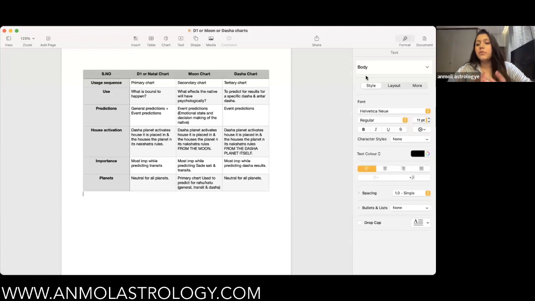Similarly, as I said, see which Mahadasha you are going through, cast the chart for that and then study it. Now, house activation is very simple. The dasha planet activates the houses it is placed in, and the houses its nakshatra rules.